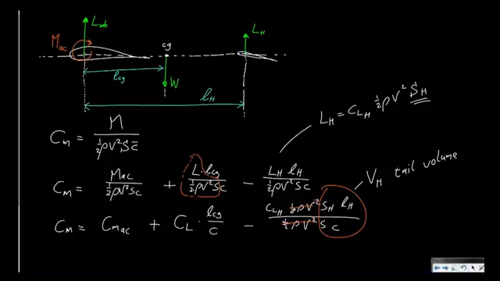But it makes our total equation much more readable by using all these coefficients. It is CMAC plus CL times LCG over C minus CLH times the tail volume, VH.